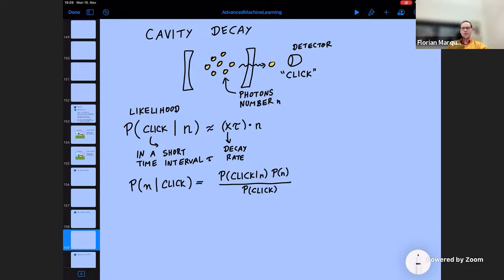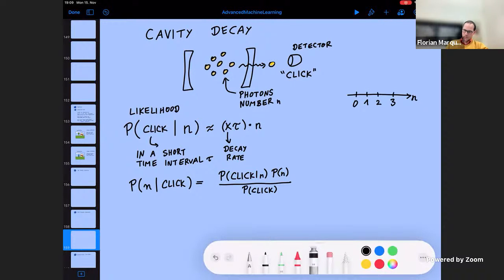Okay. And so now we don't need to calculate the details of this. Maybe you can do that in a homework, but I want to show you an example of what can happen. And it's quite counterintuitive in a way. So let me say I have a certain prior distribution. So the photon number is, of course, some integer.